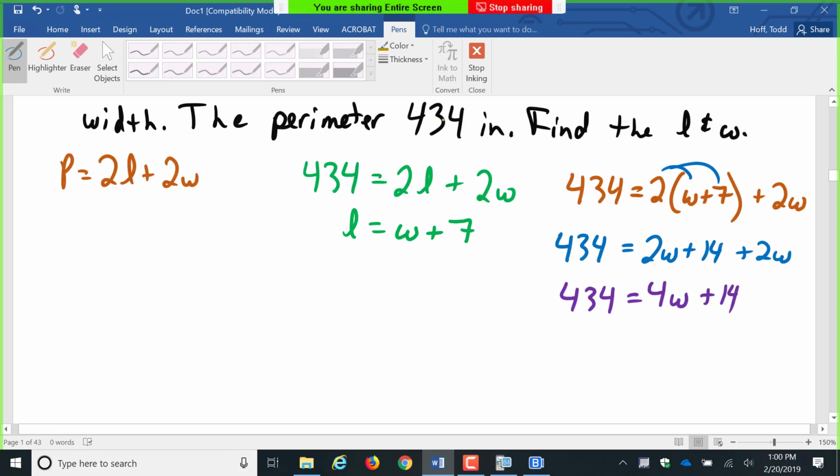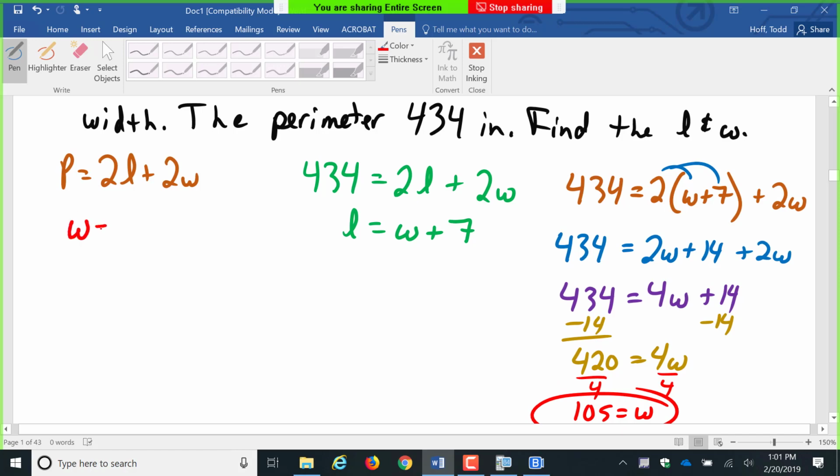And then subtract 14. 420 equals 4W. And then divide by 4. You got it. 105 equals W. So where do we go from there? W equals 105. We have to find L. So L equals 105 plus 7, which is 112.